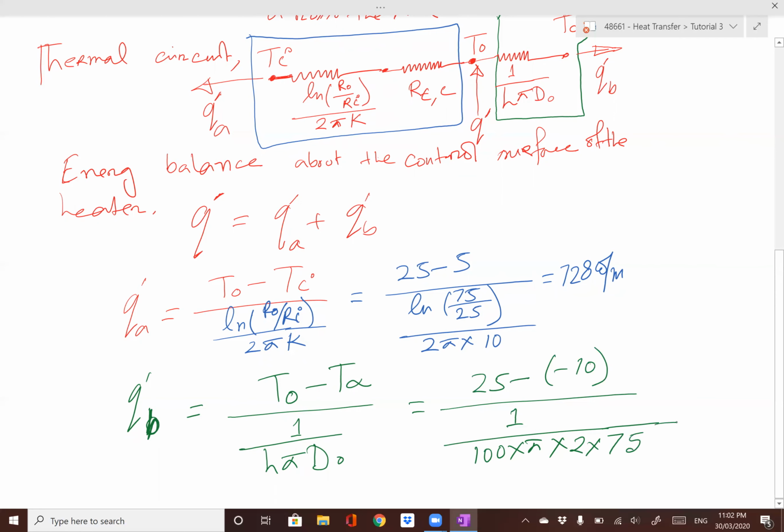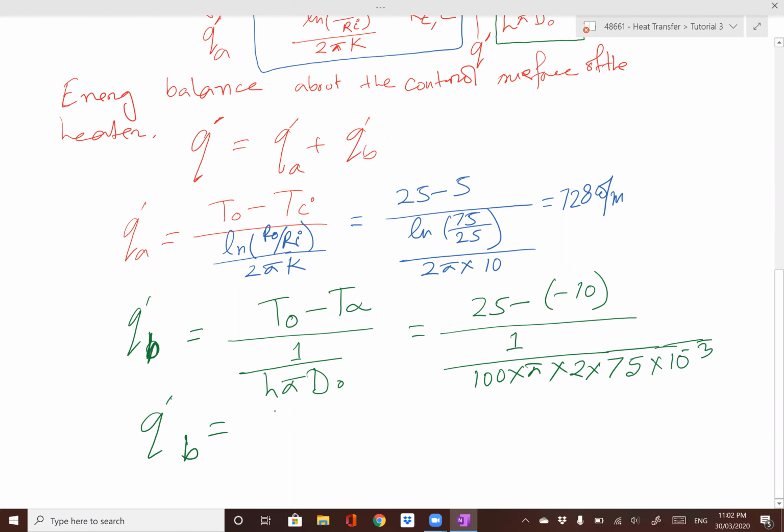Okay, now here h unit is given as watt per meter square Kelvin, so we'll divide this by 1000, it will become meter. Okay, now if we solve this one, so we'll get heat flow from the heater to the fluid direction equal to 1649 watt per meter.